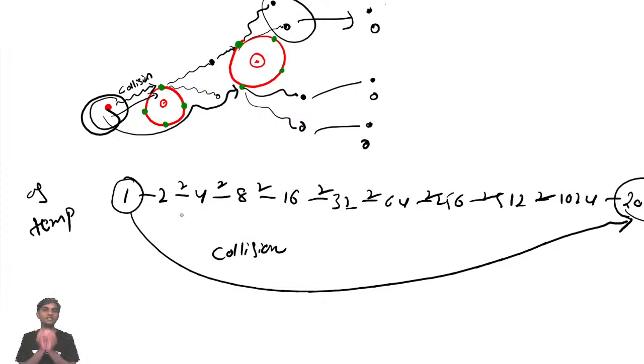Because of the increase in temperature, the free electrons will collide with the electrons present in the covalent bonds, and that will create the next free electrons. This process happens in nanoseconds, microseconds, or picoseconds. So one electron is creating 2048.